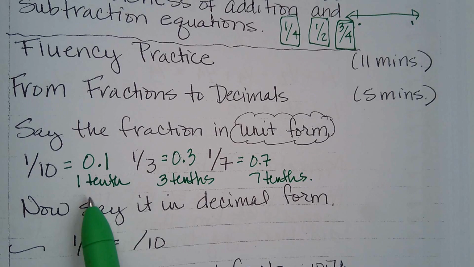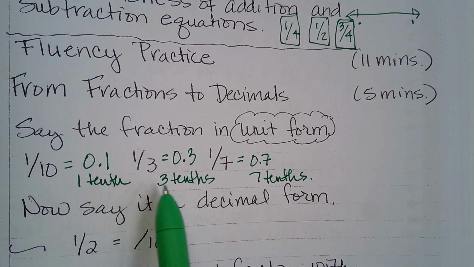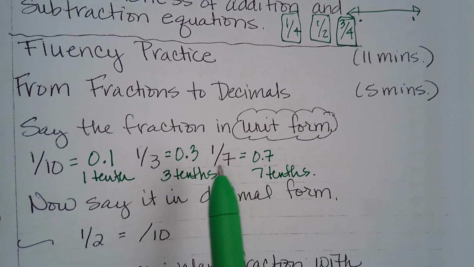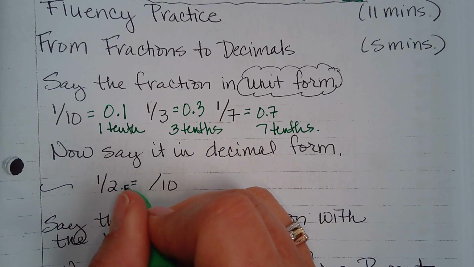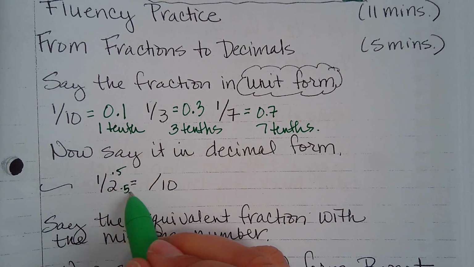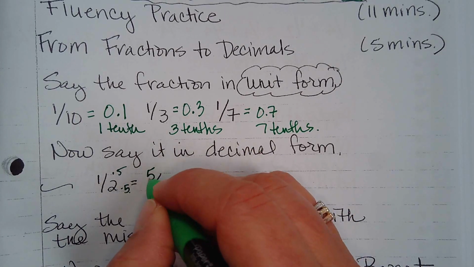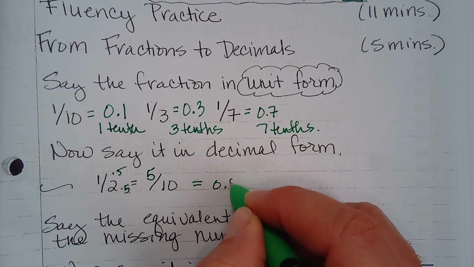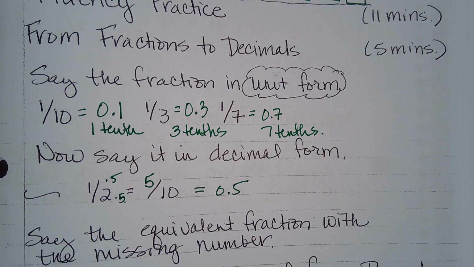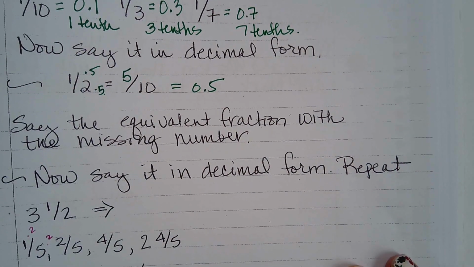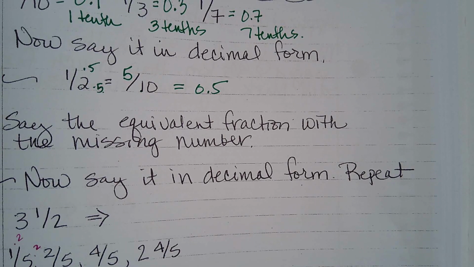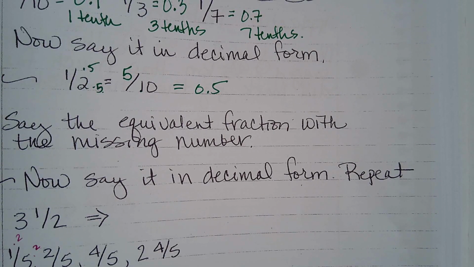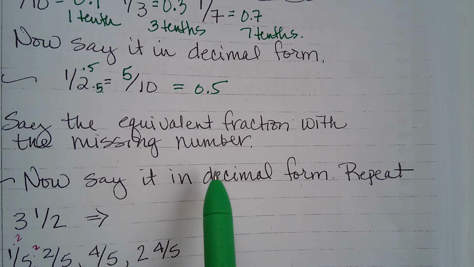Okay, so this is the unit form: 1/10, 3/10, 7/10. Now the decimal form: if you multiply by 5 and create this into a 10, we'd say this is 5/10 or 0.5, right? All right, now the equivalent fraction. Say the equivalent fraction with the missing number.